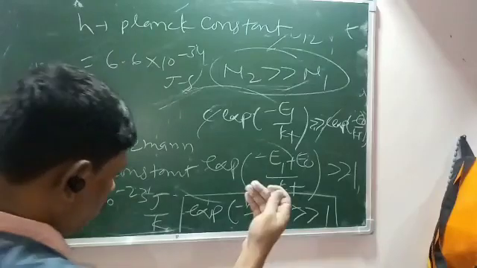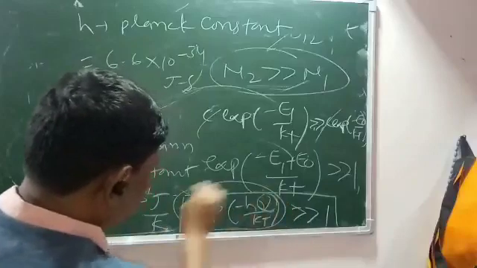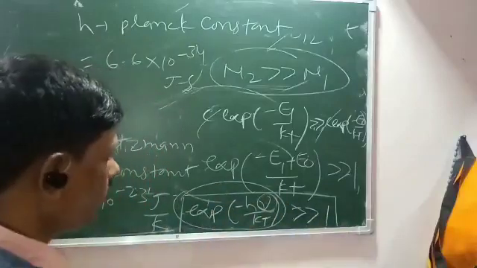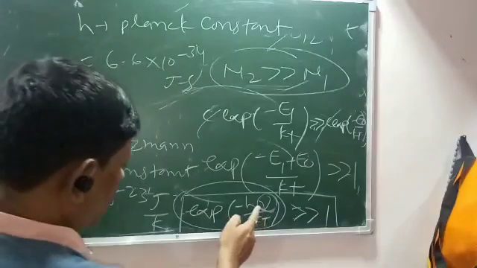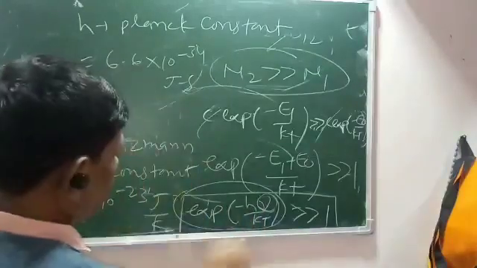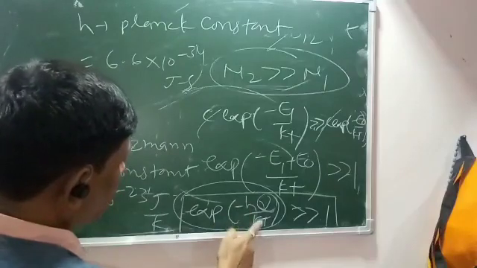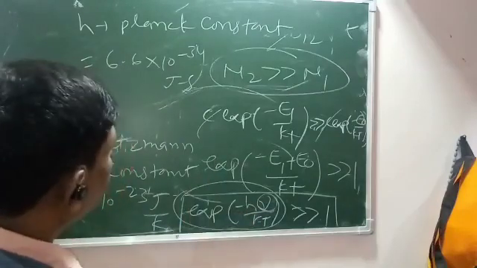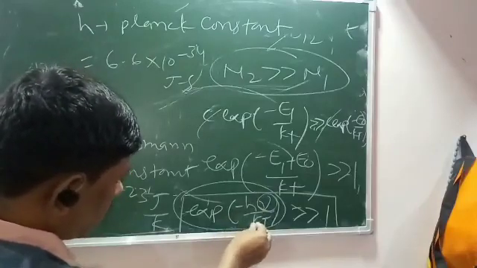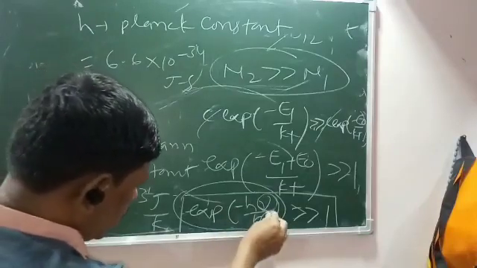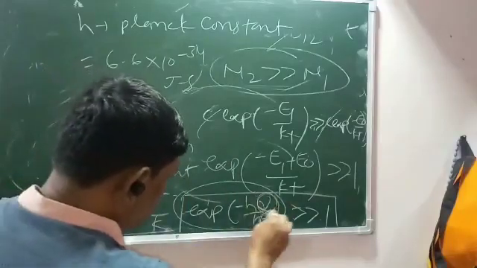Now let us talk about this term. This term should be greater than 1, but the exponent is a negative term. Here h is a constant and k is a constant, numerical constants which cannot be changed, so we cannot alter these values. T is the thermal equilibrium temperature, and nu is the frequency.